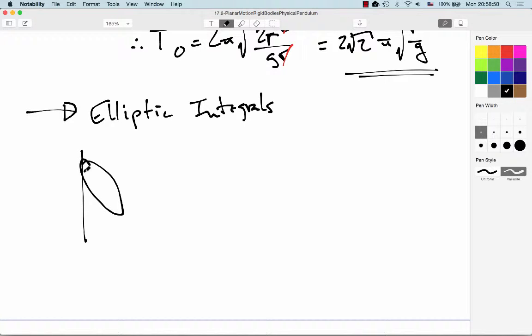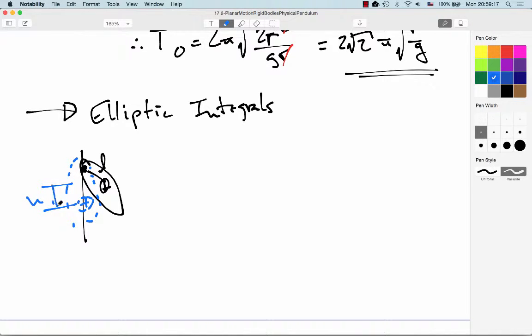So let's say this is my object here. There's the CM there, distance L. And we'll say that this is versus the corresponding height at equilibrium.